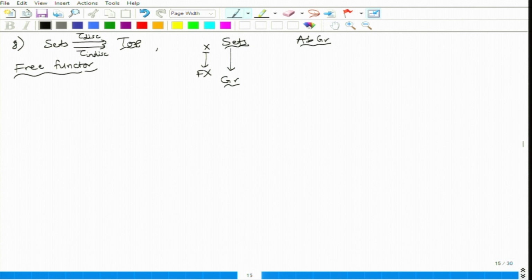Free group means you take symbols and form words with elements from capital X and formal inverses.